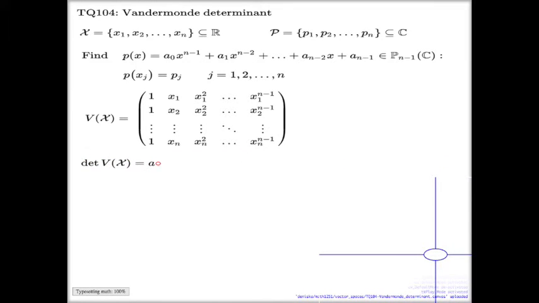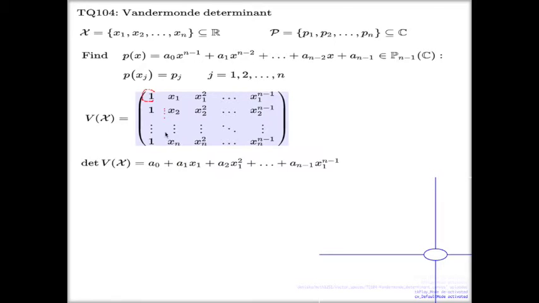If I compute the determinant of this Vandermonde matrix, and do row decomposition with the first row, I'll have something like this. The first element here with the minor, and this A naught represents exactly that minor. The next element with the minor, and this A1 represents that minor with the minus though. The next element x2 with a minor, which I just abbreviated with the symbol A2. With these symbols A naught, A1, A2, I don't know much about them.